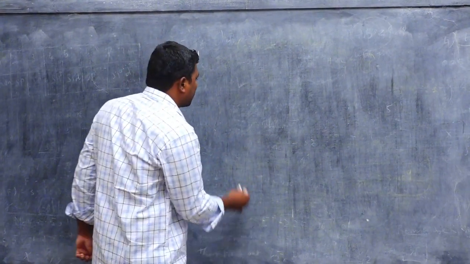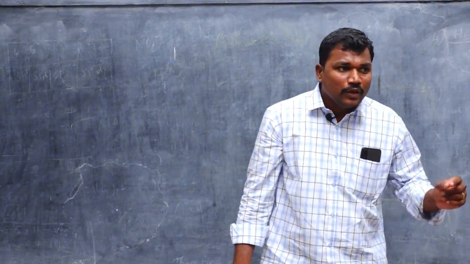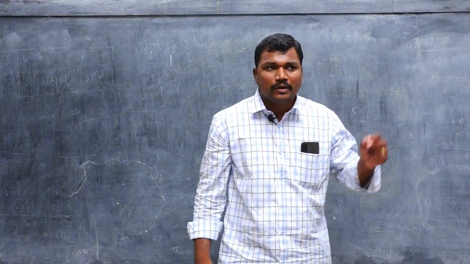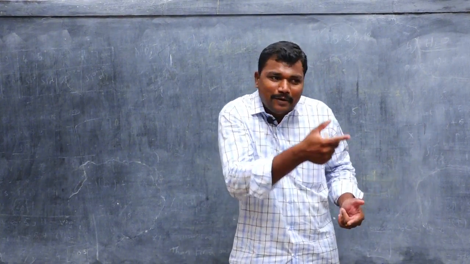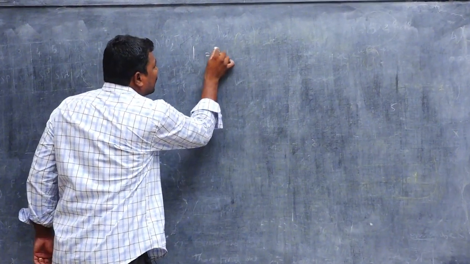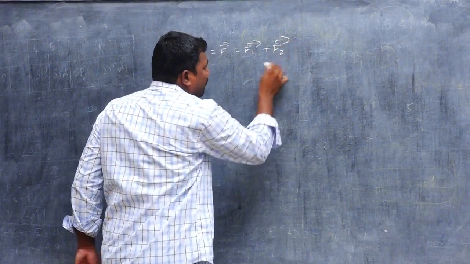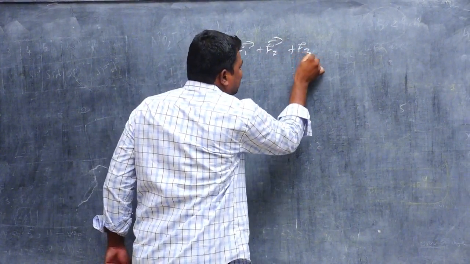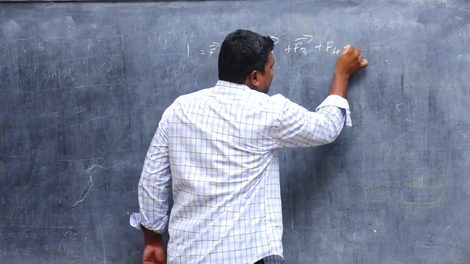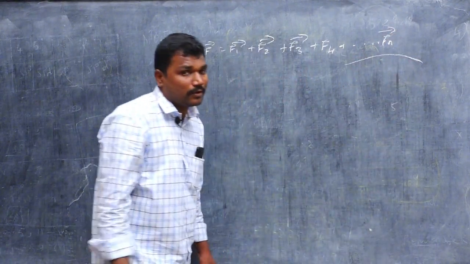If the charges are Q1, Q2, Q3, Q4, Q5 up to Qn, the total force is the vector sum of all the forces: F1 vector plus F2 vector plus F3 vector plus F4 vector and so on up to Fn vector.